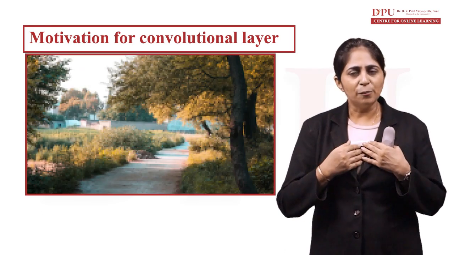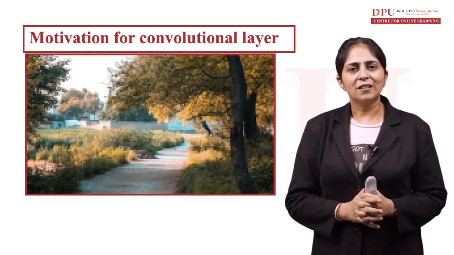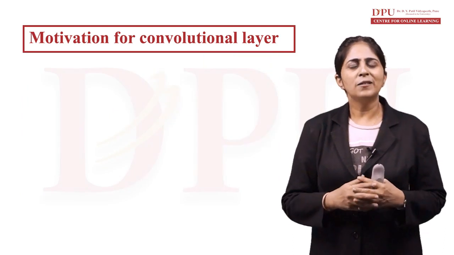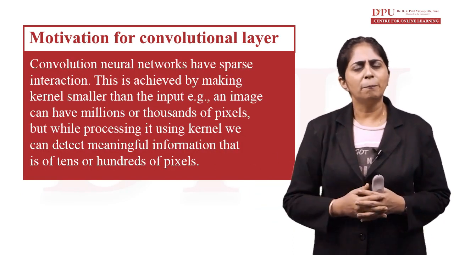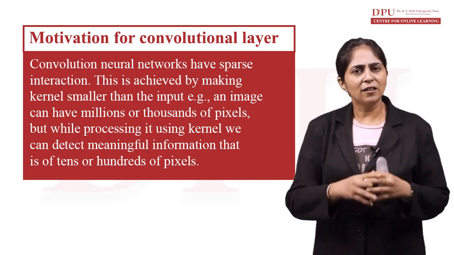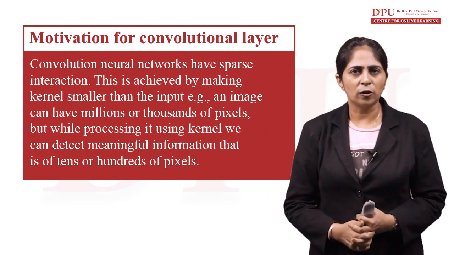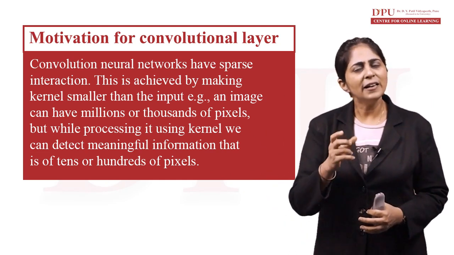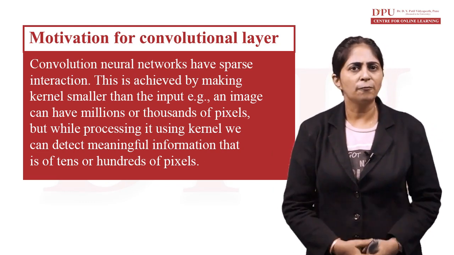All these pixels may not be of equal importance. Some pixels may be blank in an image, some may be background, which is not very important for that image. So we can detect meaningful information which is normally of tens or hundreds of pixels.